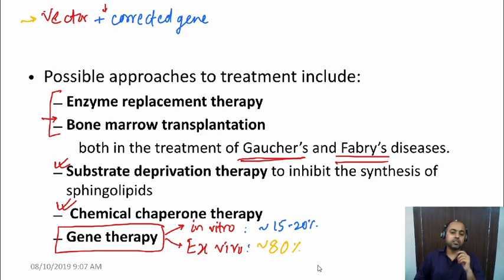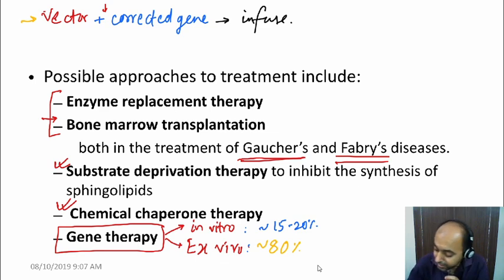We add the correct gene copy, and then we infuse it into the patient, and the only thing we can do is wait for the uptake of the vector into the target tissue. Because of not being able to target the tissue correctly, and not being able to target the stem cells. See, if the vector is taken up by the somatic cell, after certain cell divisions it will die. So even if that uptake is successful, it will not be prolonged.